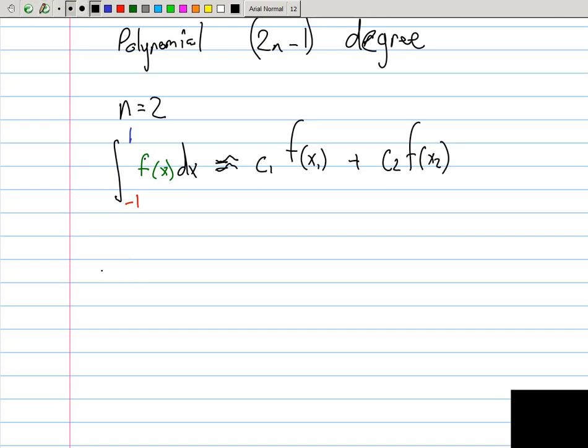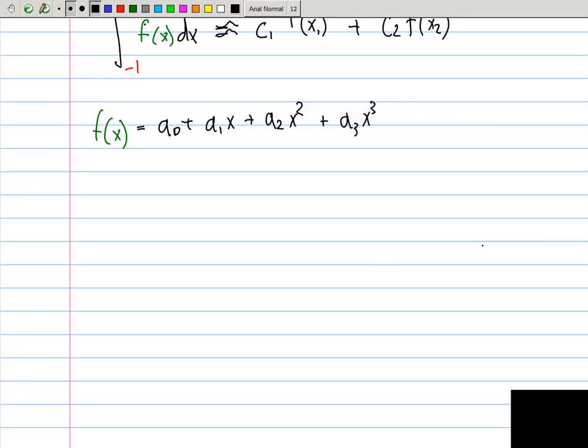We could approximate f of x as a Taylor series to be equal to a0, that's going to be our initial term, plus a1x plus a2x squared plus a3x cubed. And here we have managed to expand it, and we can now start breaking it down.